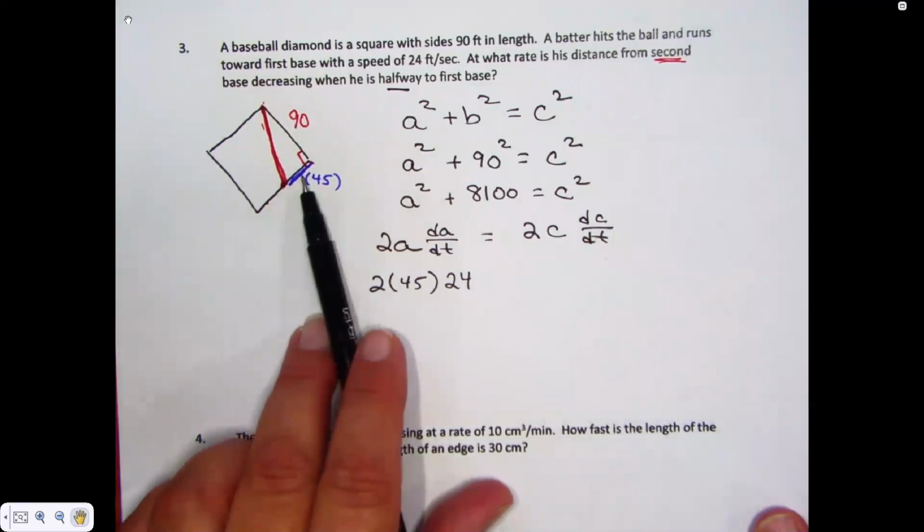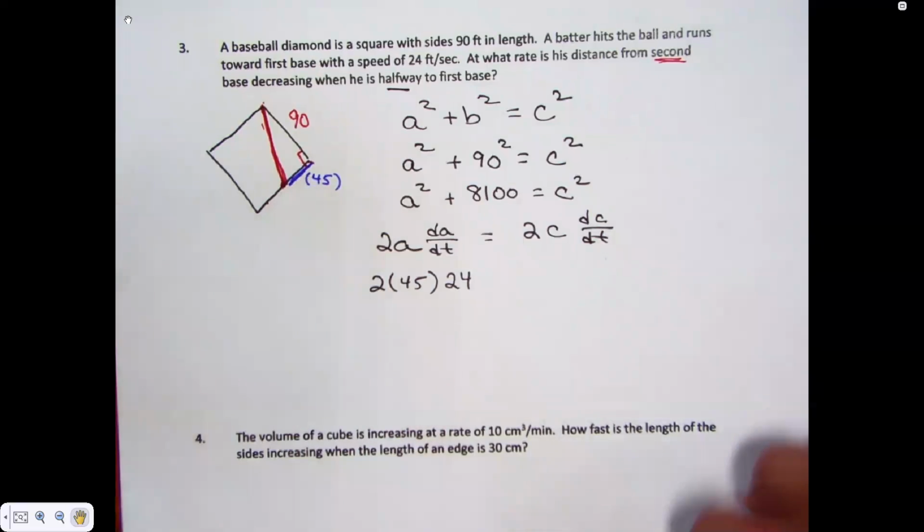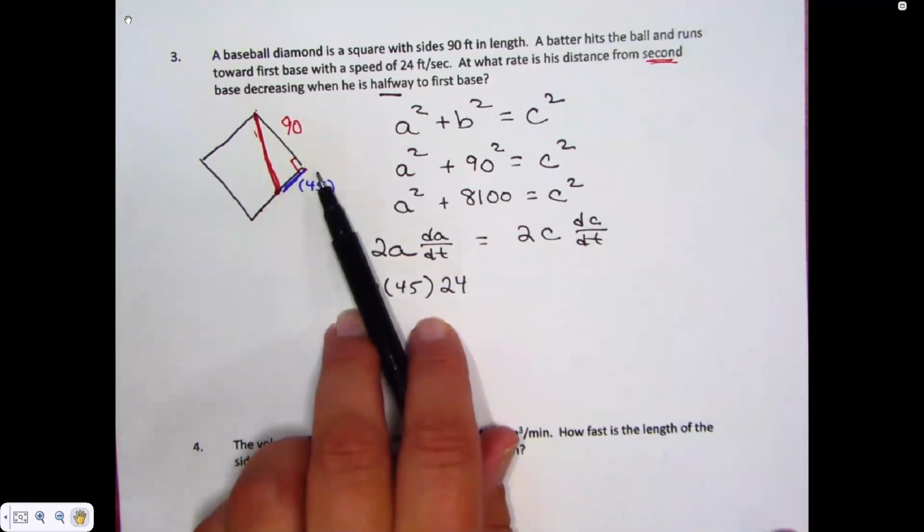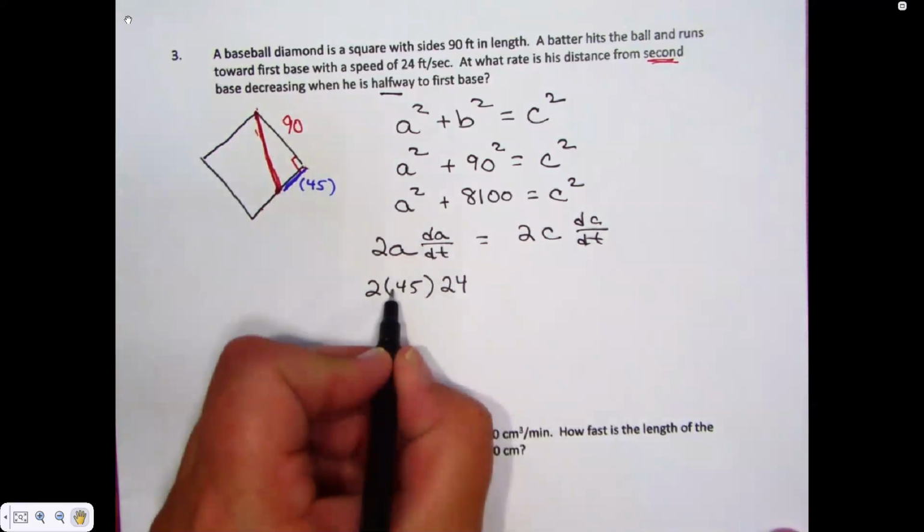This 45, is it increasing or decreasing? He's running towards the base, so this is going to be decreasing. So this should really be negative 45.